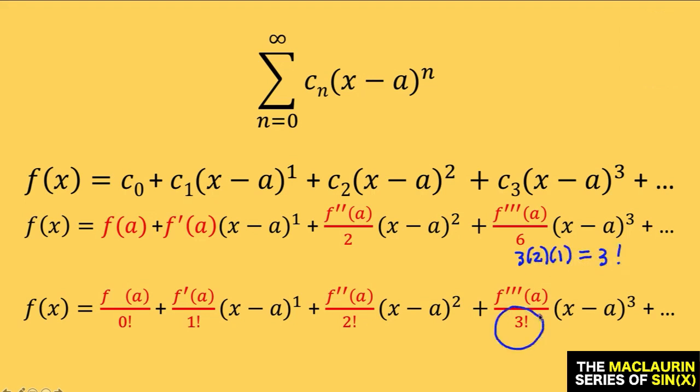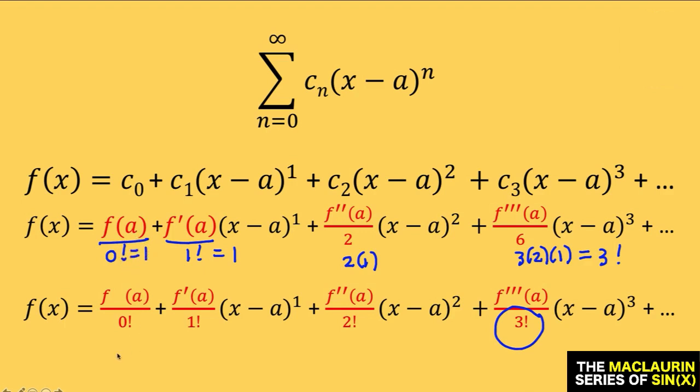So when you have triple prime, you divide it by 3 factorial. When you have f double prime, we divide it by 2 factorial, because 2 factorial is 2 times 1. And by definition, 1 factorial is equal to 1, and 0 factorial is also equal to 1.